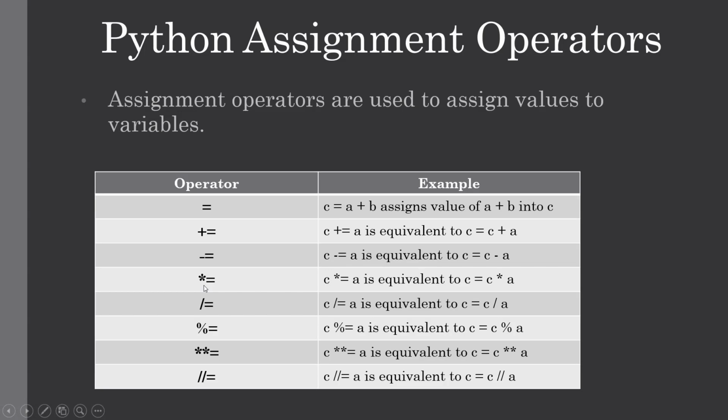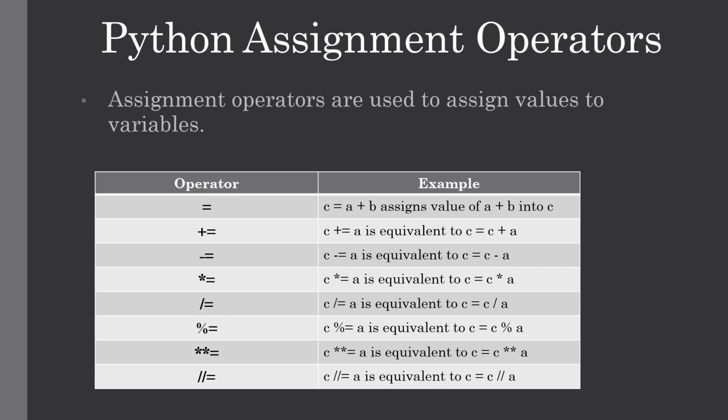Similarly, our next assignment operator multiplies the right operand with the left operand and assigns the result to the left operand. So again in this case, c multiplied by a, this result we are storing into our c variable. Similarly, our next operator divides the left operand by the right operand and assigns the result to the left operand, in which we are storing the c divided by a value into the c variable.